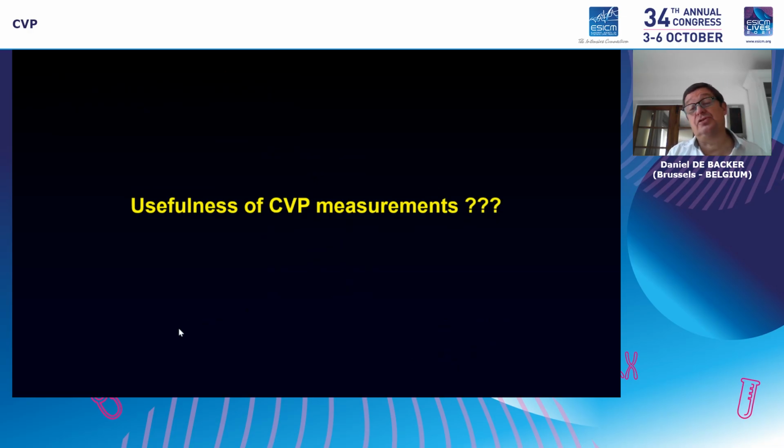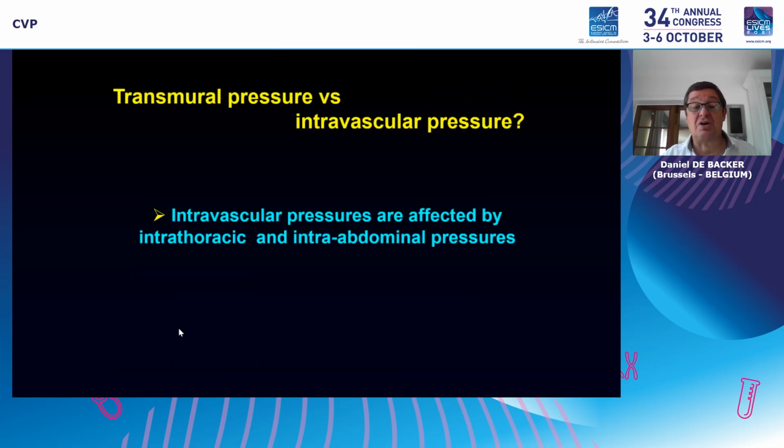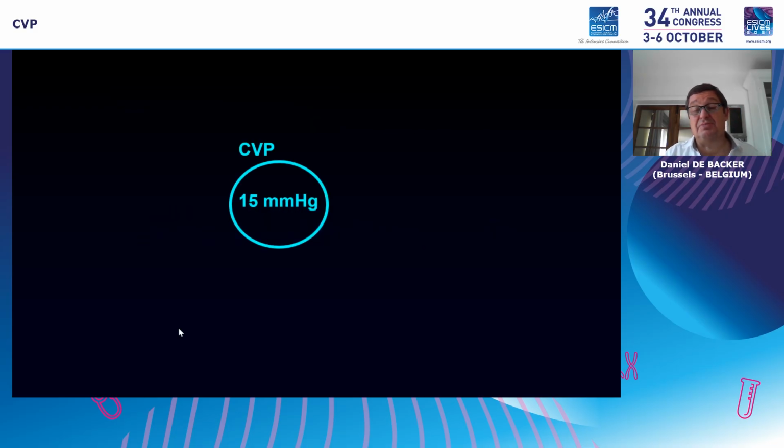So is it useful to measure CVP? Well, again, an important variable associated with outcome in different trials. So how do we interpret CVP? Well, intravascular pressures are affected by the intrathoracic and intra-abdominal pressure. And if we think of a measurement of CVP of 15, what does it mean exactly?